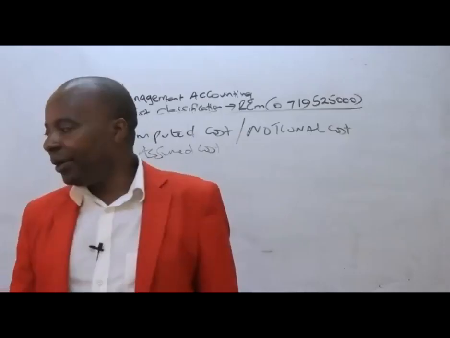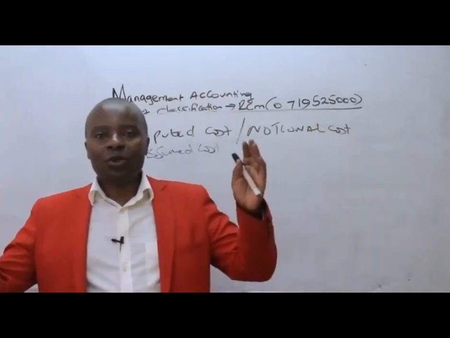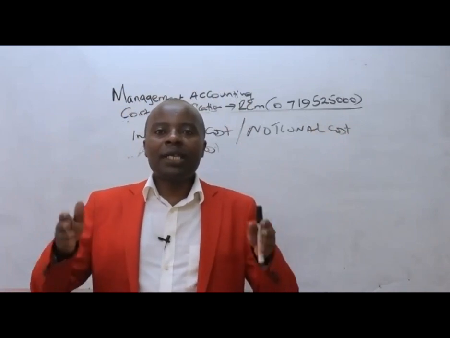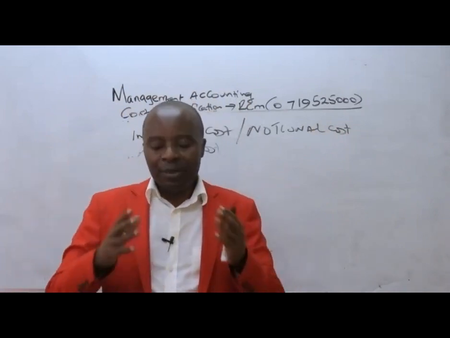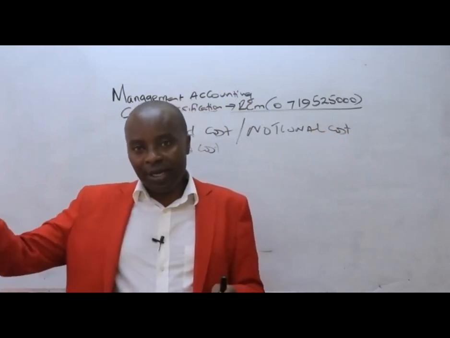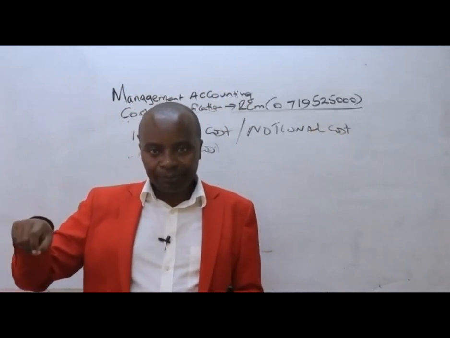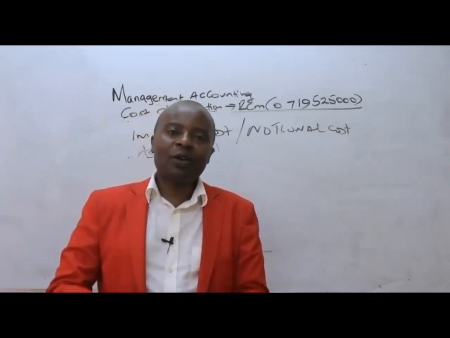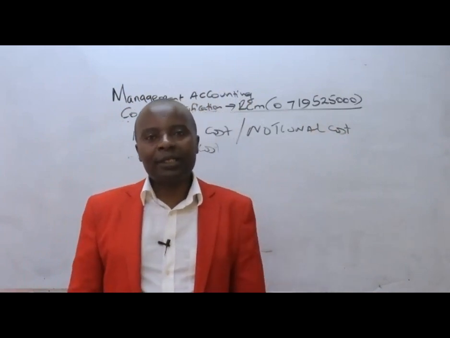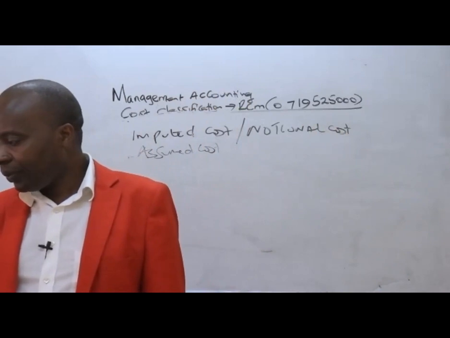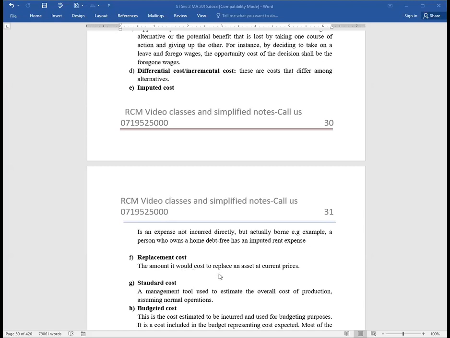Replacement cost, I'll be looking at a house, if it's a school, if I was to start building it from scratch, then whatever cost I'll be putting up will be given to me by a quantity surveyor, a QS, and that will be the cost of replacing this particular building. So replacement cost is the amount it would cost to replace an asset at current year prices.